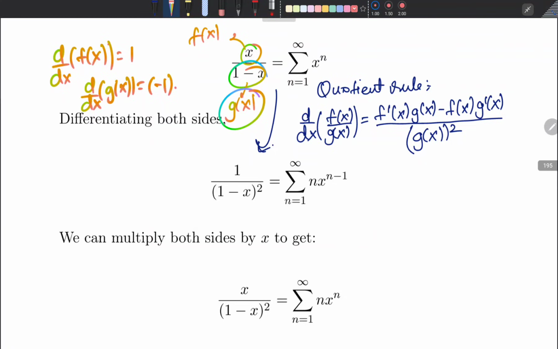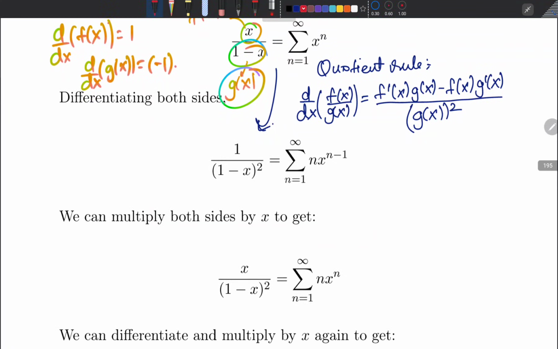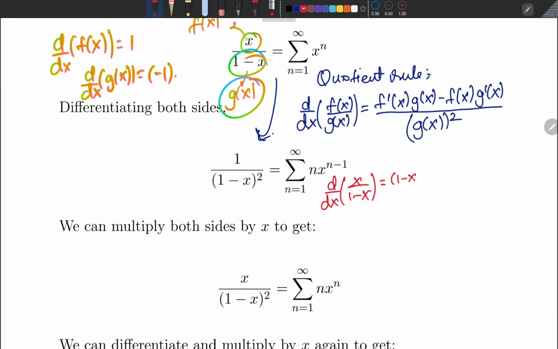Yeah, I just got that. So when we substitute them back here, d over dx of x over 1 minus x, the derivative of the numerator is 1, times 1 minus x, minus the numerator x times the derivative of the denominator, over 1 minus x whole squared.